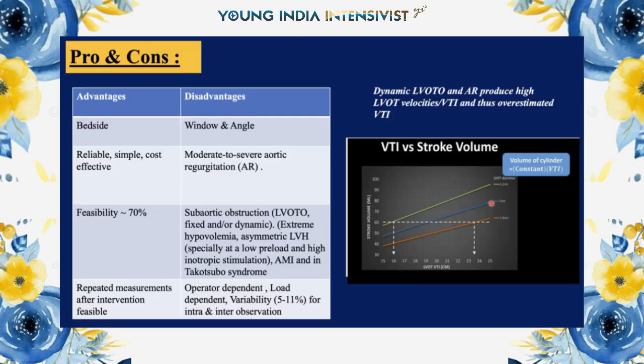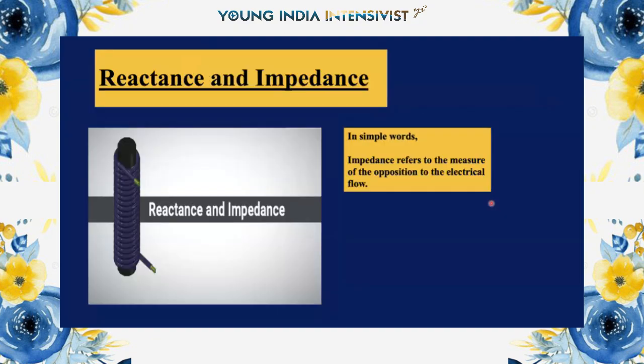Then in the apical 5-chamber view, open up the aortic valve, and make sure your angle of insertion is less than 30 degrees. Then put a pulse wave Doppler, get a nice velocity time integral waveform. Then calculate the VTI. Then calculate the stroke volume, and cardiac output is equal to heart rate times the stroke volume. And do remember all the disadvantages.